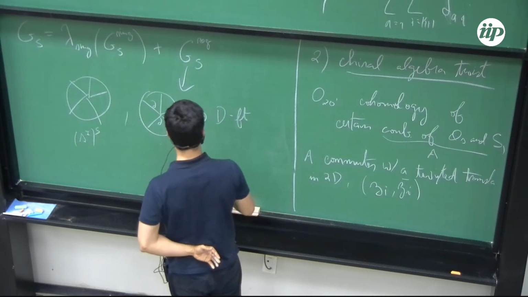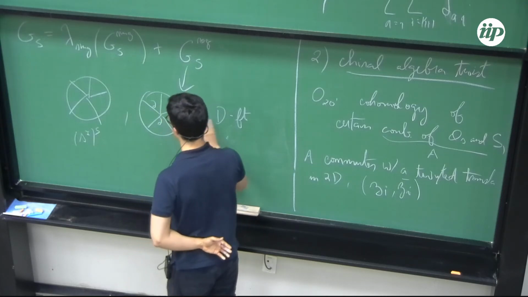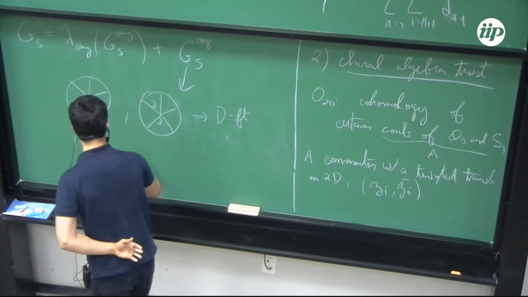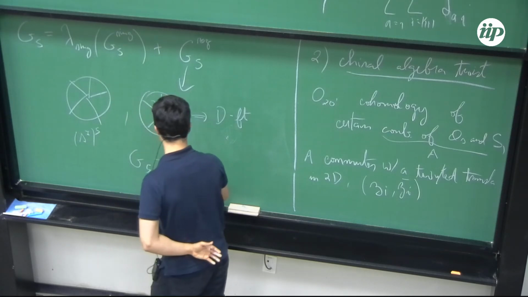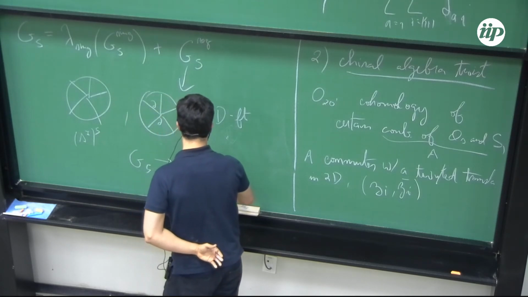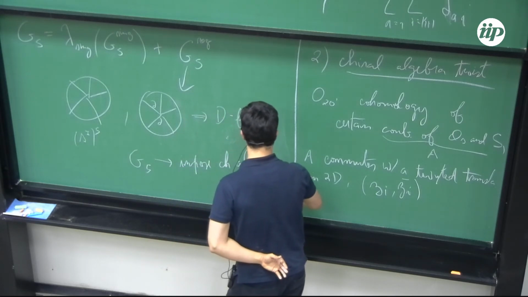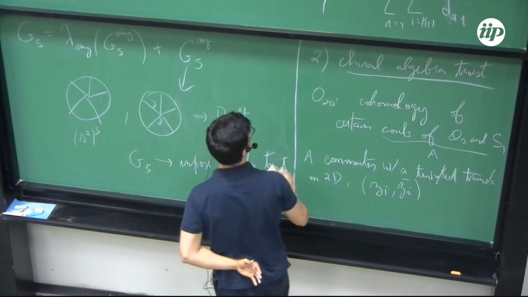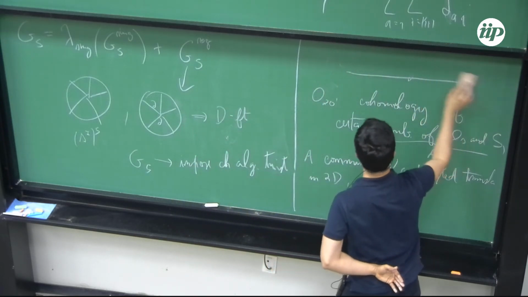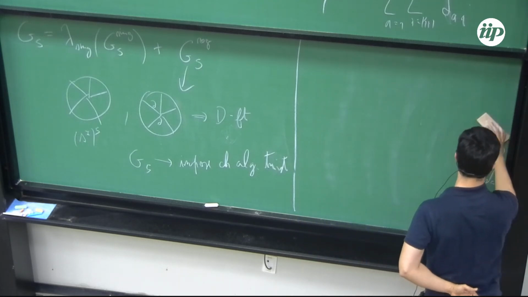And then what we did was impose the chiral algebra. So once we wrote everything in terms of the D functions, we took our full G5, performed the twist, and imposed that it has to be holomorphic and independent of the coupling.